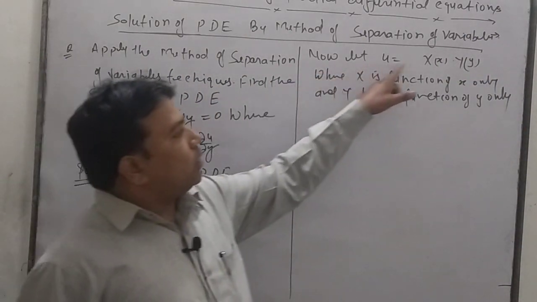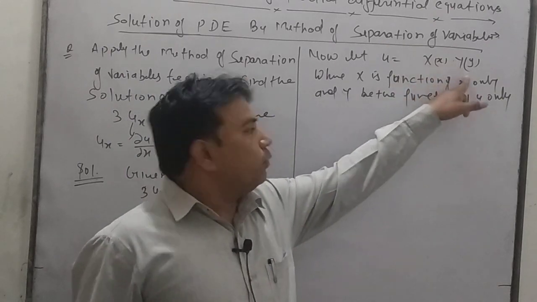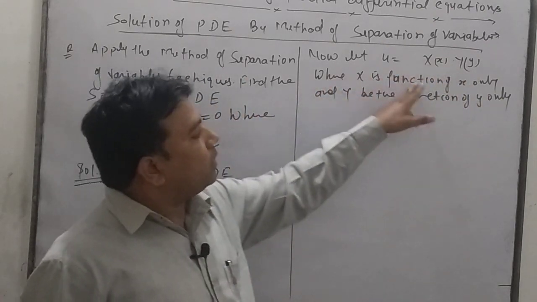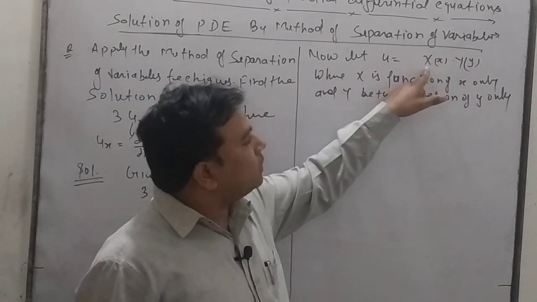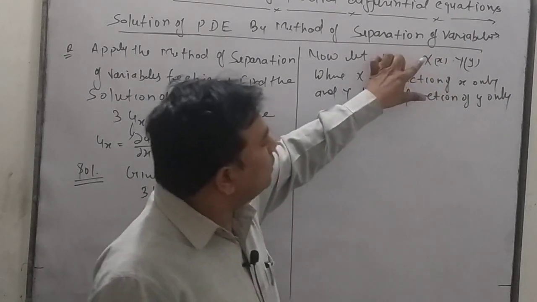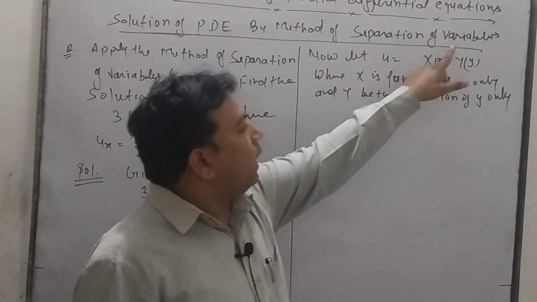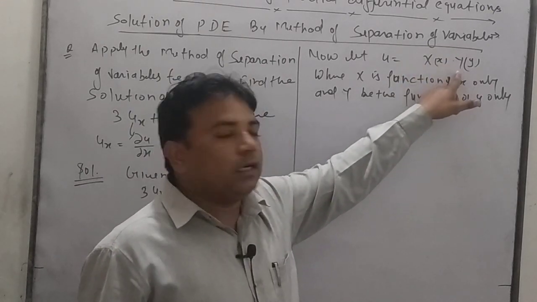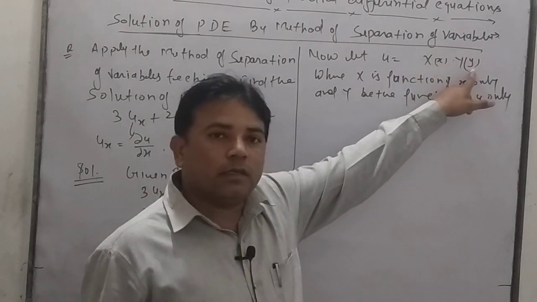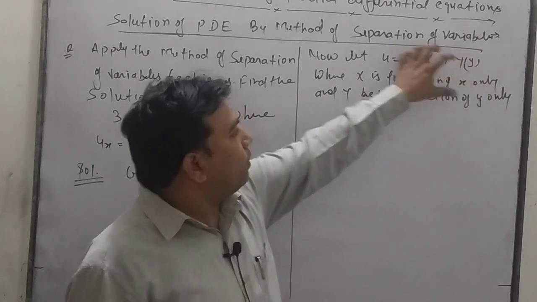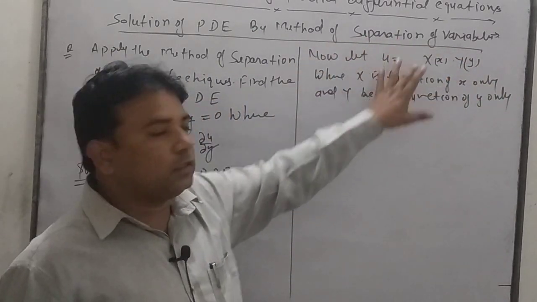Now let u = X Y, where X is a function of x only, meaning capital X depends only on small x, and capital Y depends only on small y. We take the partial derivatives of these functions.